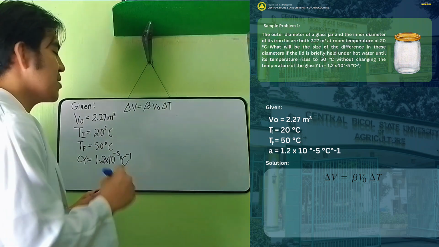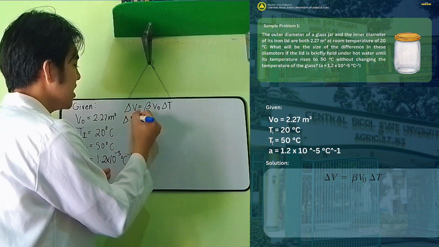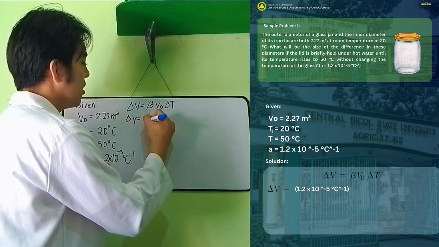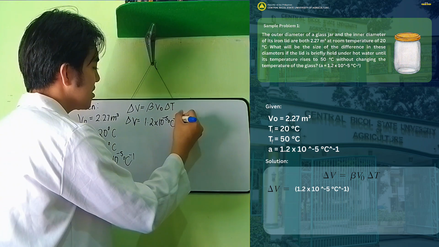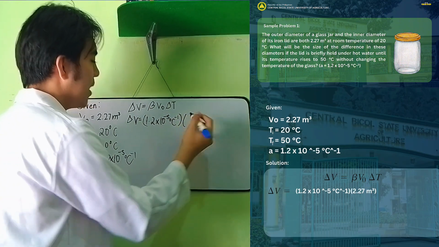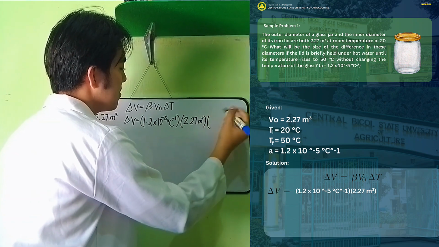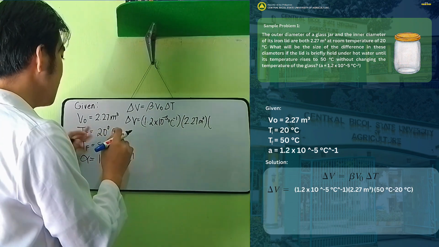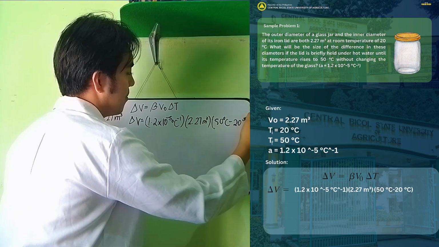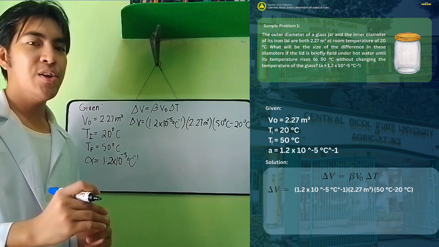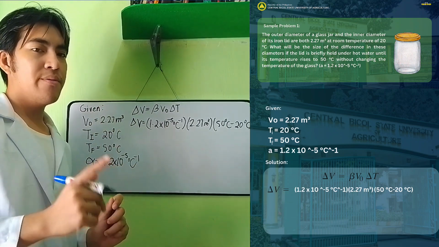So what we do next is to substitute all the given numbers into our formula. So change in volume is equal to 1.2 times 10 raised to -5 degrees Celsius raised to -1 multiplied by 2.27 cubic meters times the difference between 50 and 20 degrees Celsius. As I said earlier, the beta coefficient is approximately 3 times the alpha coefficient.